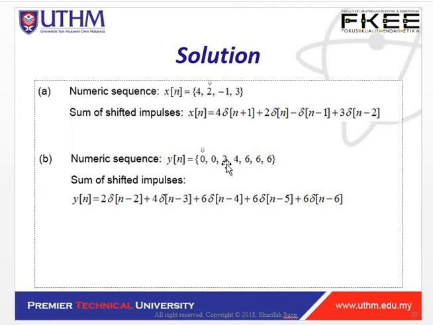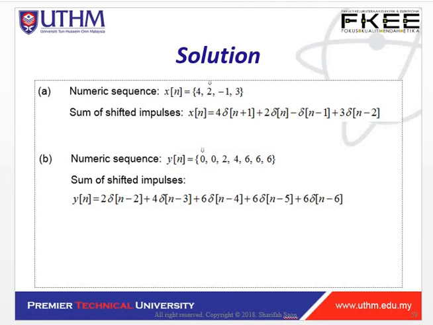What is the n here? This is 0, 1, 2, so n equal to 2, which means n minus 2. So 2 delta n minus 2 plus 4 delta n minus 3 plus 6 delta n minus 4 plus 6 delta n minus 5 plus 6 delta n minus 6. So this is the sum of the shifted impulse.